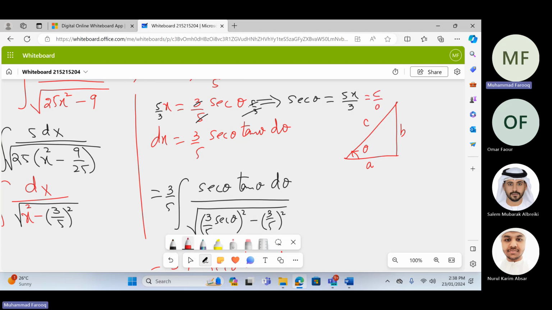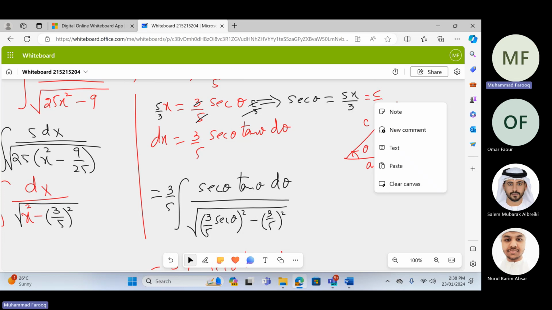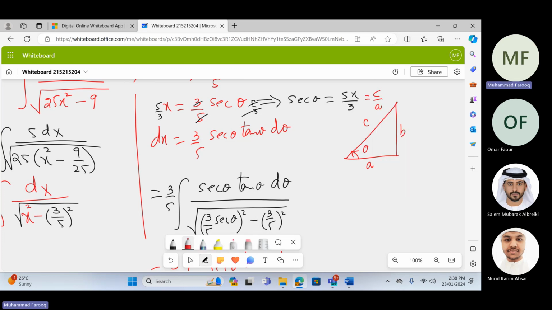C over A. So C is 5x and A is 3. Secant theta is C over A, hypotenuse divided by adjacent. I put C as 5x and A as 3.